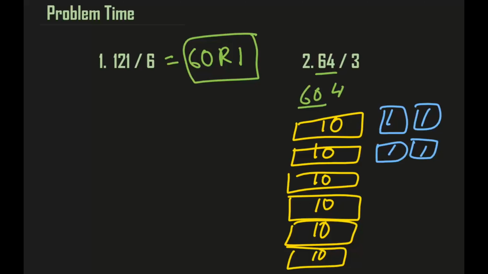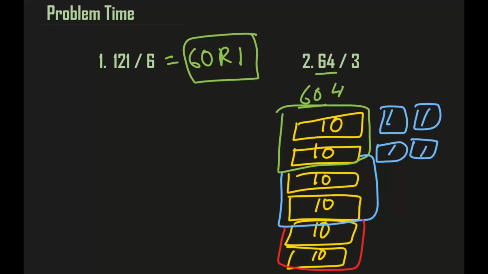So 3 times 2 is 6. That means each set is going to have 2 blocks. So our first set is that. And then it's going to be our second set. And that will be our third set. So that means we have 20 in each set so far.